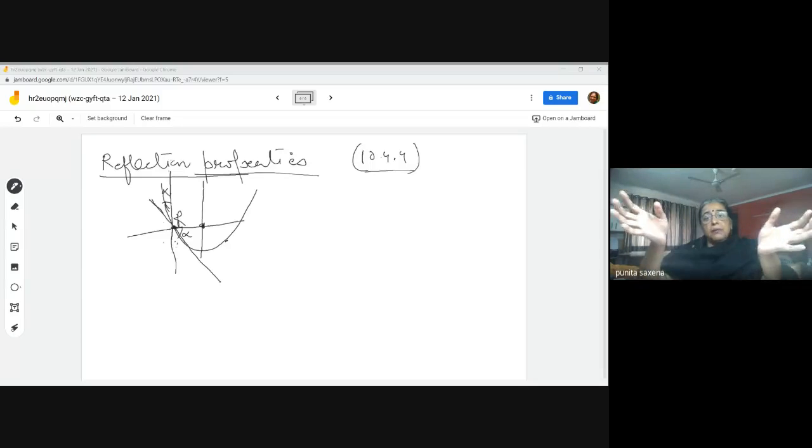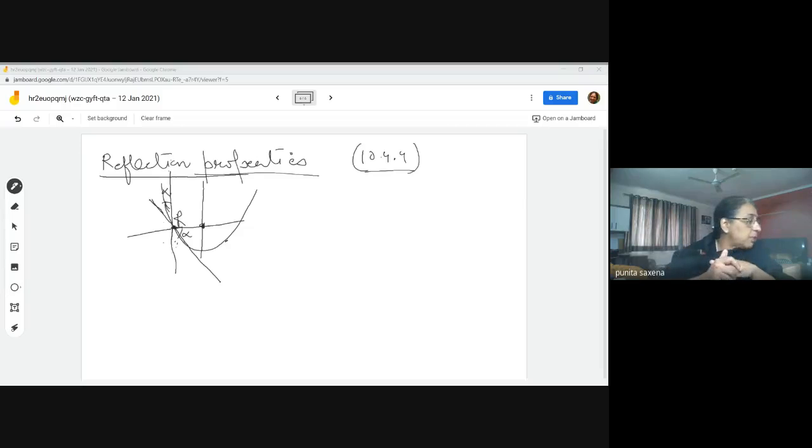ठीक है? जो हमारी कार की हेडलाइट से जब लाइट स्प्रेड होएगी, जब उसमें बल्ब में से लाइट निकला, उसके बाद वो रिफ्लेक्ट हुआ हर तरह से, और जब हमारे को स्पेक्ट्रम मिला, it becomes broadened. So that is why it is used like this, the reflection properties.